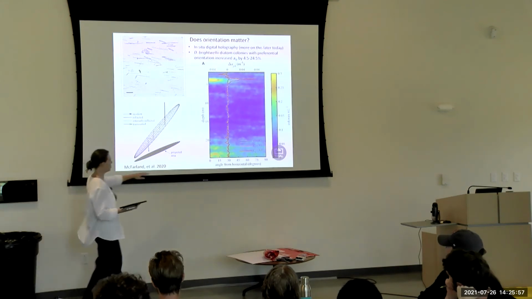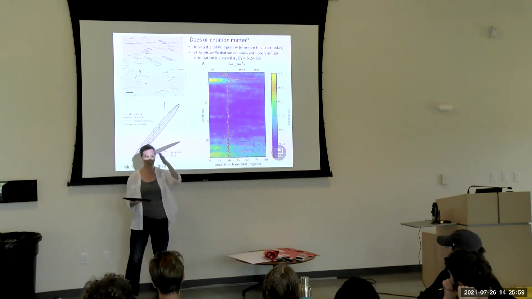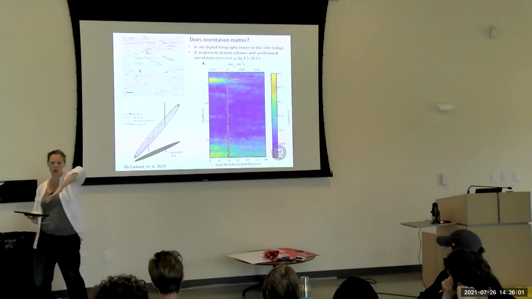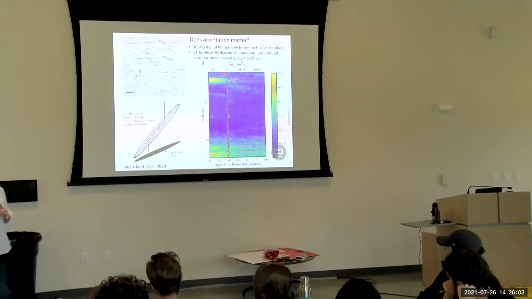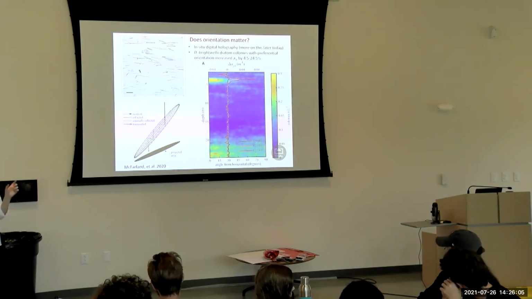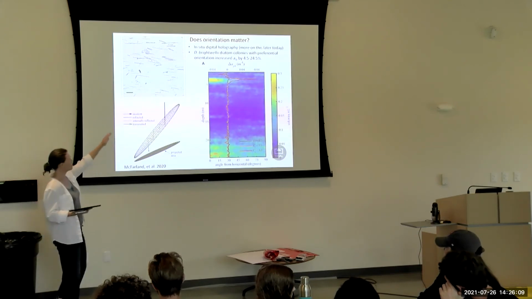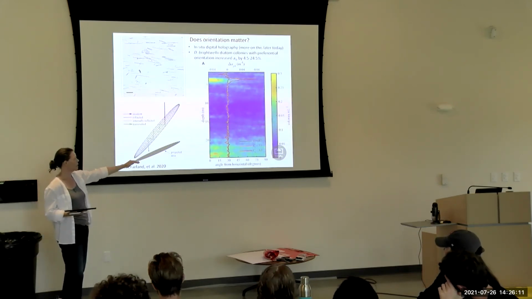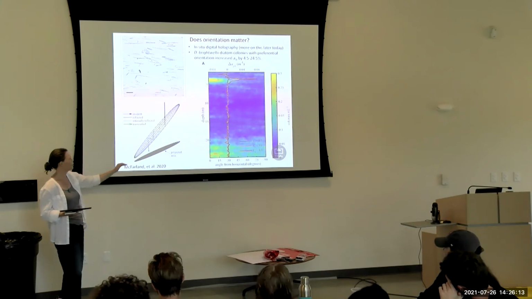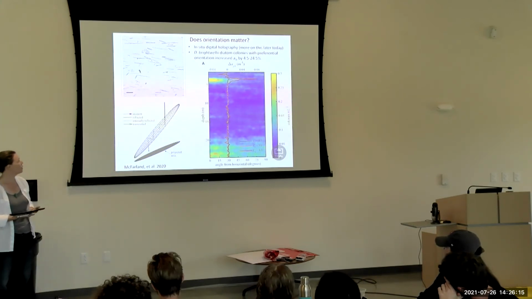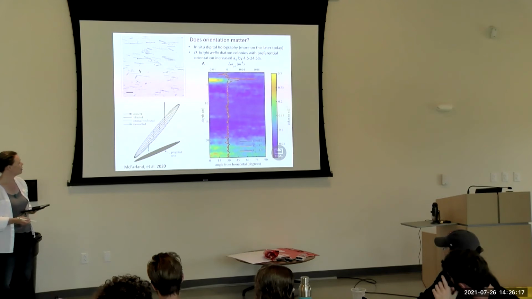On the horizontal axis is the angle that the diatom chains are oriented relative to the horizontal, measured from this holographic profiler. And then the concentration of those colonies is given in the color.